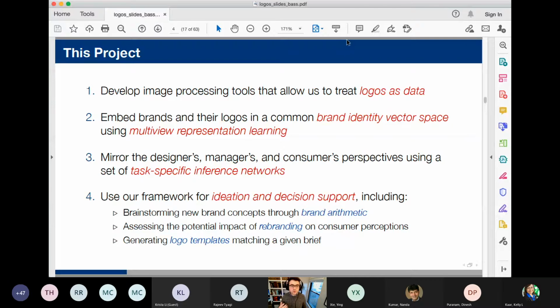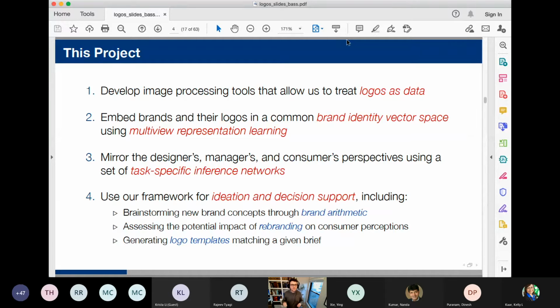But the reason why this fourth point is so important, and the motivating factor of this whole work, is if we think about this process of design or rebranding, which all firms go through at some point in their life cycles. From the perspective of a brand manager, although designers are very frequently designing new logos, from the business side a given brand manager may handle a rebranding or the design of a new brand maybe once or twice in his or her career.